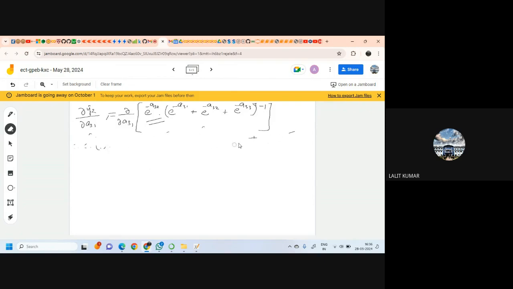So what I will do, I will again use the same formula. ∂ of AB is equal to... So this will become e to the power minus a32 ∂/∂a31 of this entire term, e to the power minus a31 plus e to the power minus a32 plus e to the power minus a33, to the power minus 1, then plus this entire term e to the power minus a31 plus e to the power minus a32 plus e to the power minus a33 into ∂ of e to the power minus a32 by ∂a31.